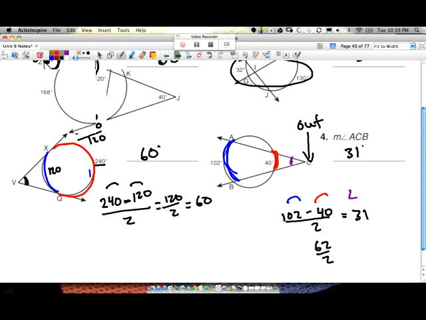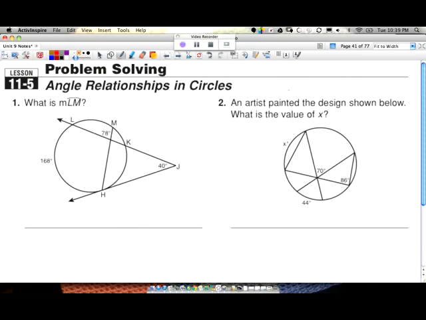Okay, well, let's start applying this in a really advanced way now. So this first one says, what is LM? Well, I don't know at all. But I know that if I knew this arc LM, or not only that, see how I have 78 here.